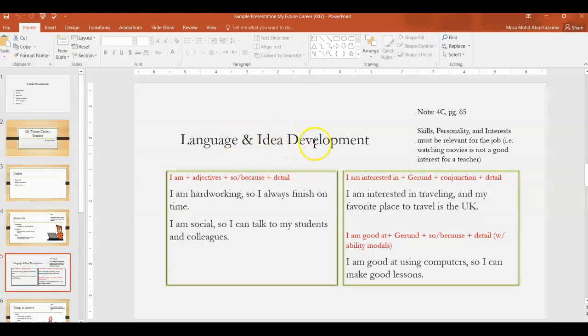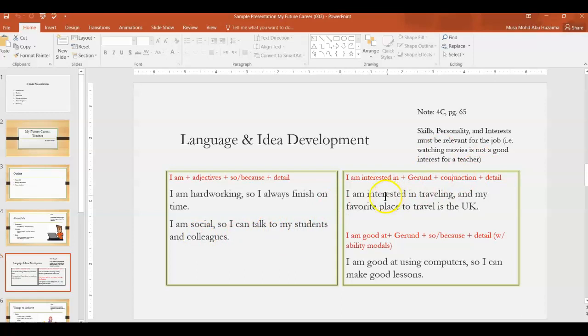language and idea development. How you start, how you develop the language. You can say, for example, I'm hardworking, so I always finish on time. You need to use adjective, I am plus adjective plus so and because and details. Example, I'm social, so I can talk to my students and colleagues.